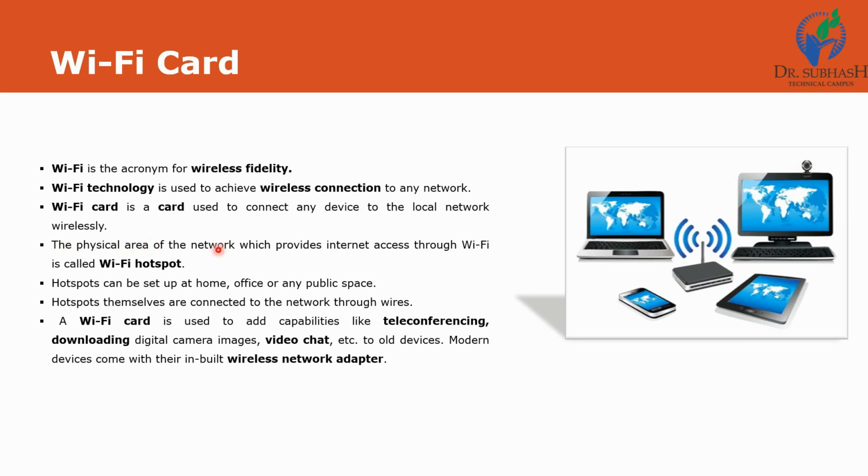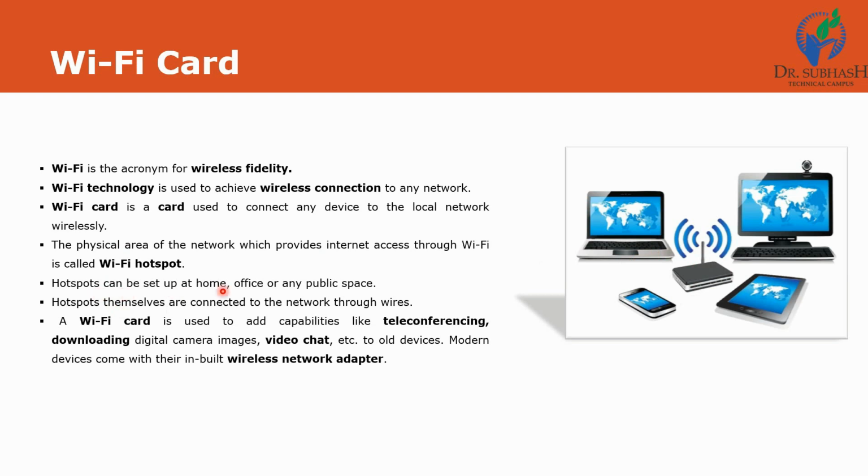The physical area of a Wi-Fi network that provides internet access through Wi-Fi is called a Wi-Fi hotspot. That is what we are using in everyday life. We are creating one mobile hotspot, and so many family members can access the same hotspot.